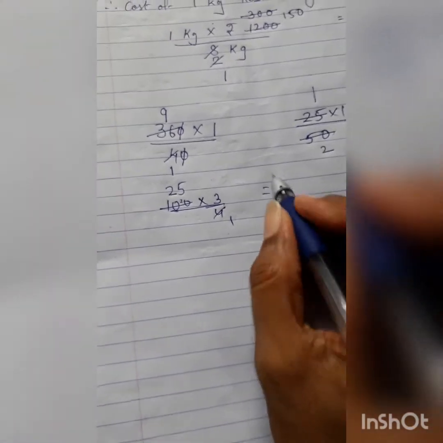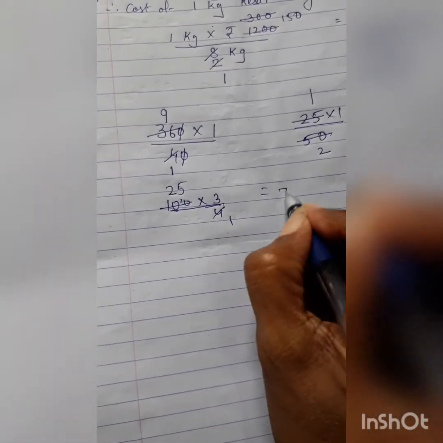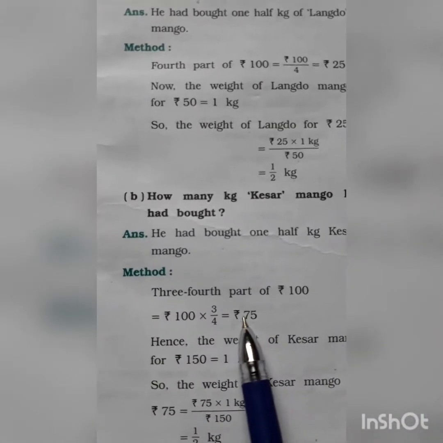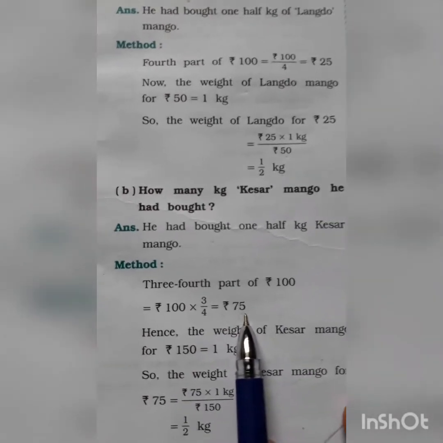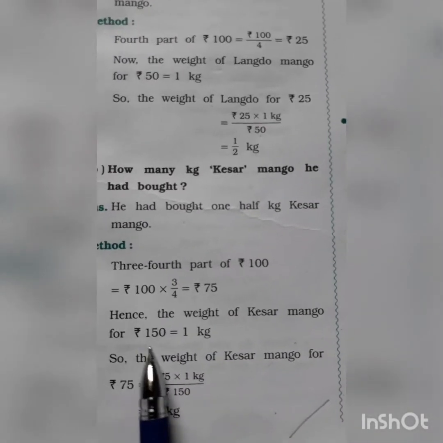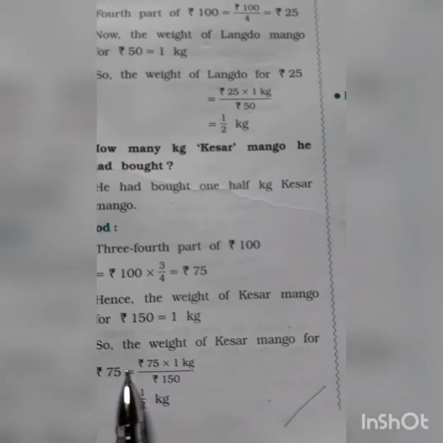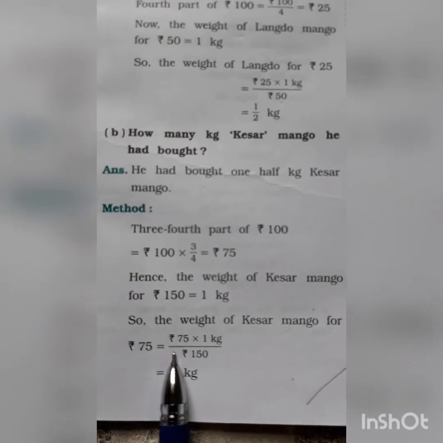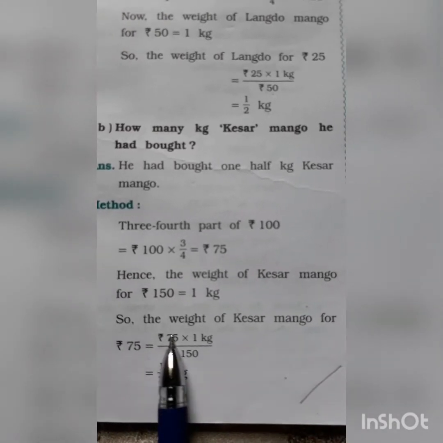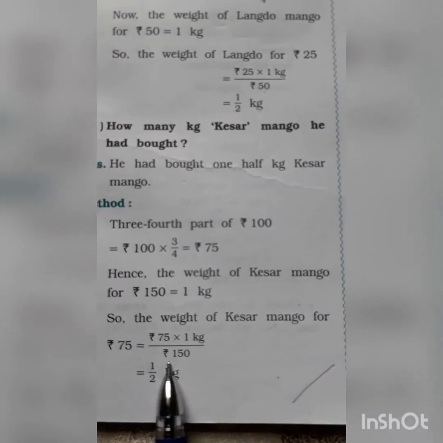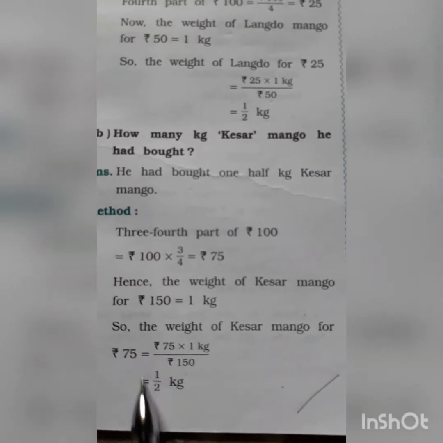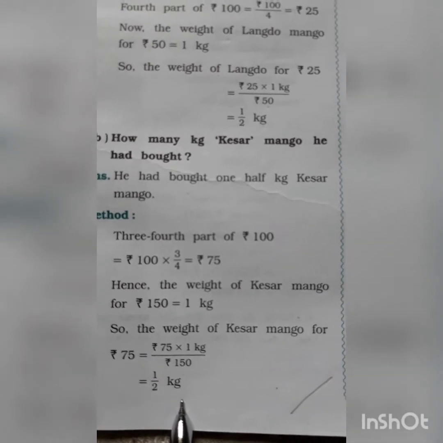So now here 25 multiplied by 3, that is equal to 75. So like this you got here 75. Now hence the weight of Kesar mango for rupees 150 is equal to 1 kg. So the weight of Kesar mango for rupees 75 is equal to 75 multiplied by 1 divided by 150. Again, how we'll get? 75 1s are 75, 75 2s are 150. So 1 by 2 kg.